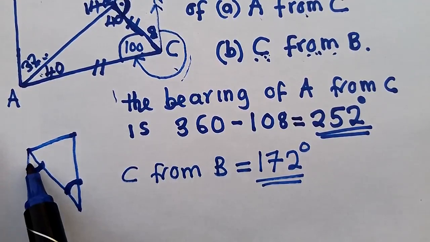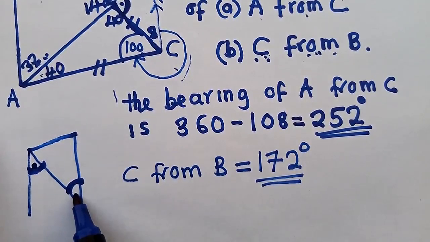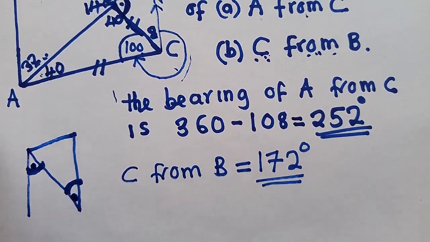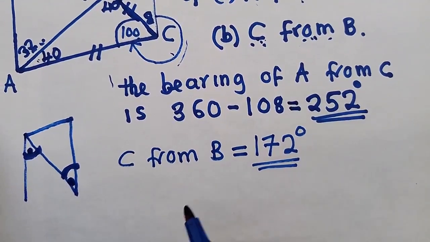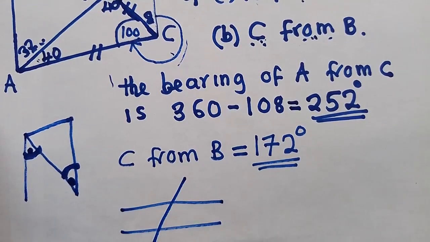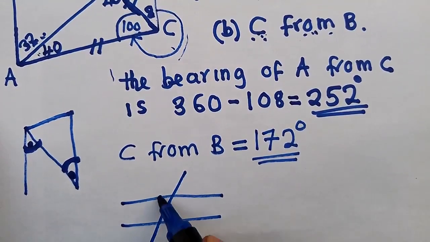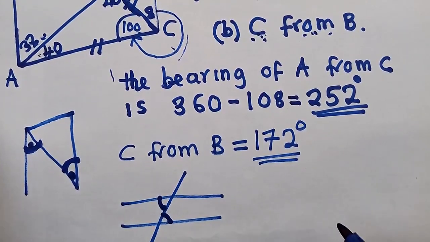Then they give you this angle there, which means the angle there is equal to the angle that is there. So questions will be coming in this manner. Or a question can be in this manner, where you are given these two lines like this. So the angle that is there is equal to the angle which is there. This is how you need to understand them.